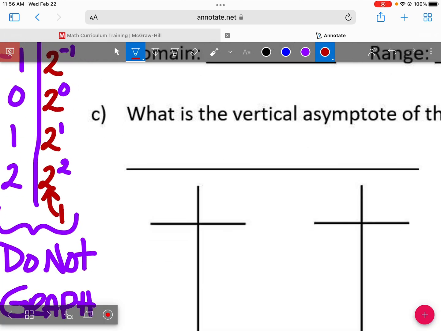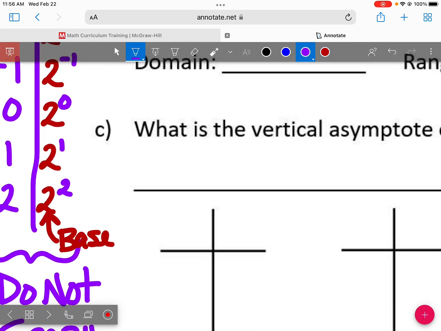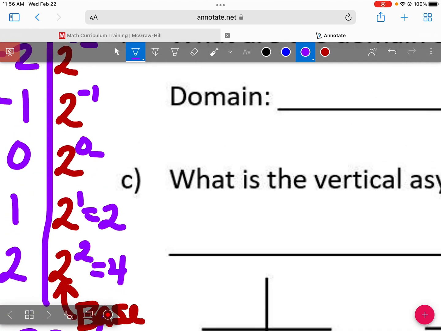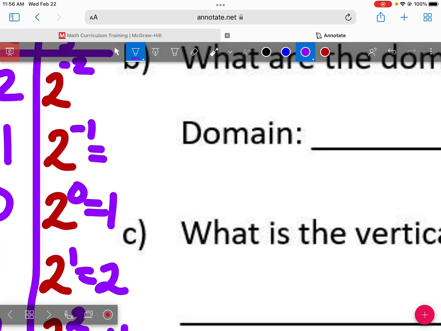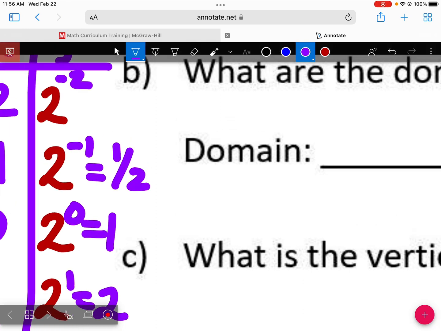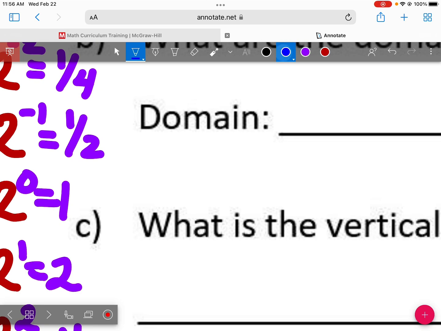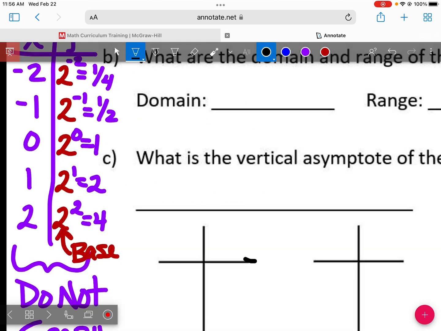This number right here is the base. What is 2 squared? 4. 2 to the first, 2. 2 to the 0, 1. 2 to the -1, 1 over 2. 2 to the -2, 1 over 4.